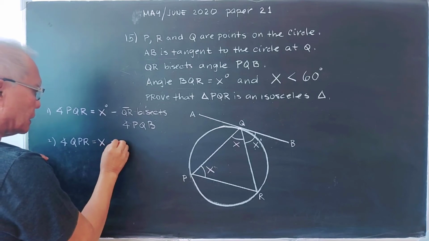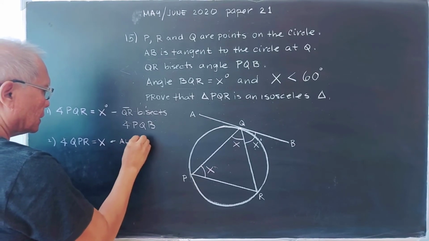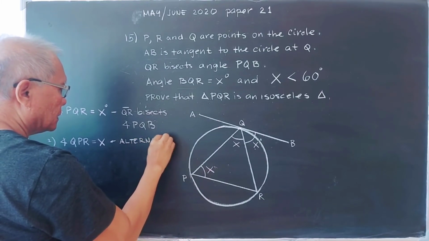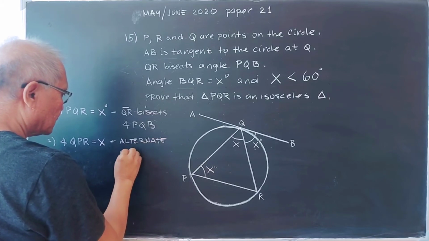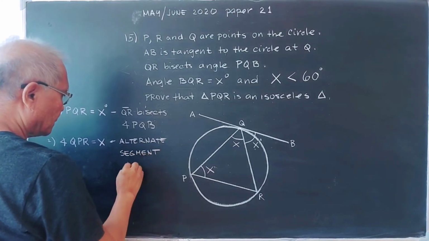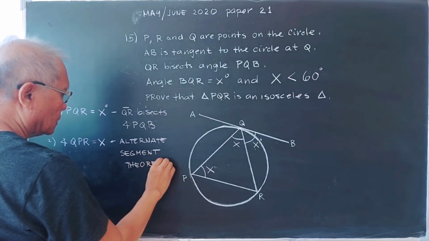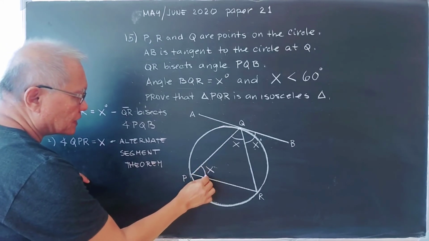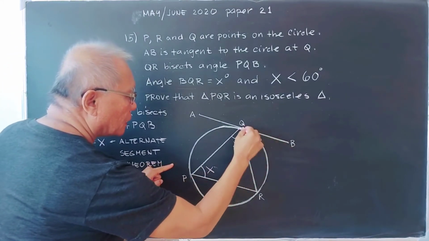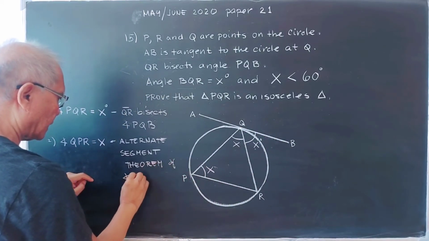The reason is the alternate segment theorem. This one is the alternate segment of angle BQR.